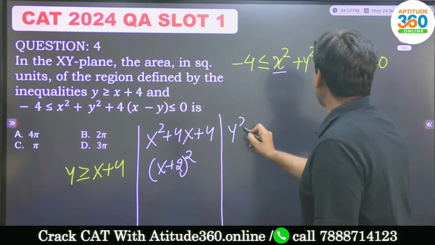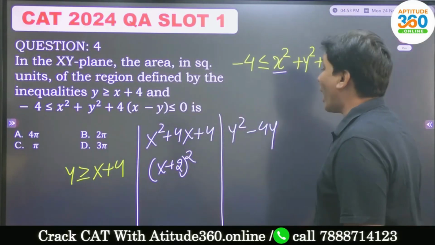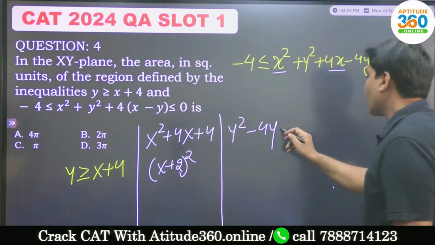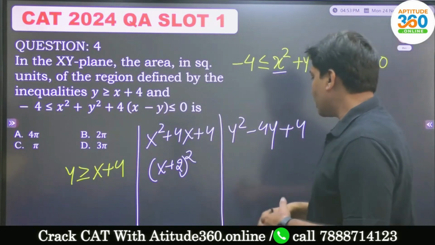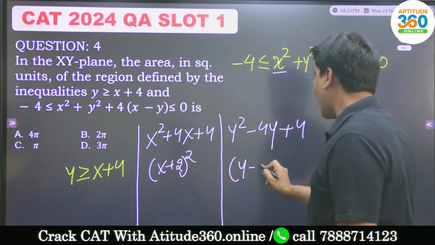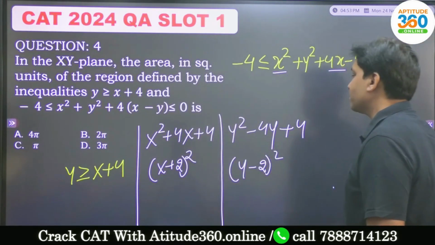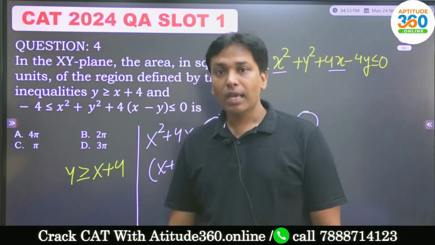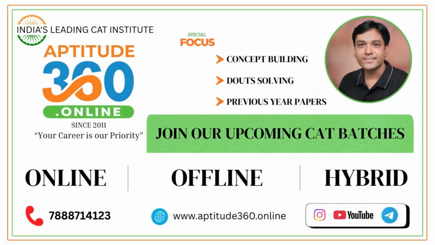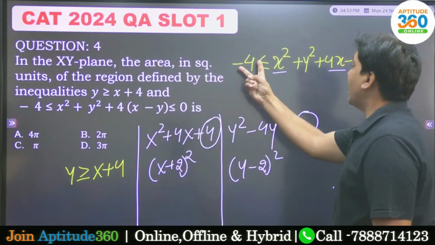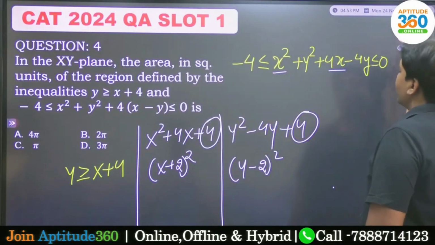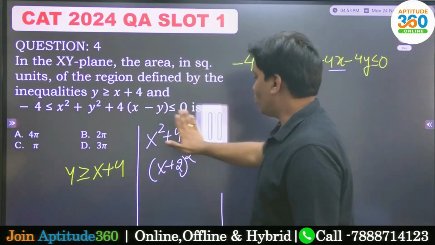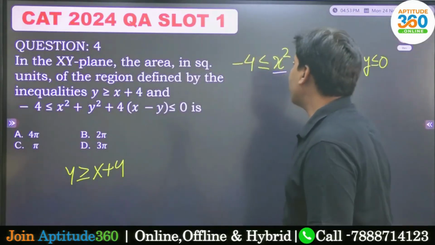And then had you had 4 more, y square negative 4y could have been y negative 2 whole square. So we are adding 4 and 4. So if you want 8, you should be able to add 8 here, here, and here. So if we do so, probably you're understanding what I am trying to do.